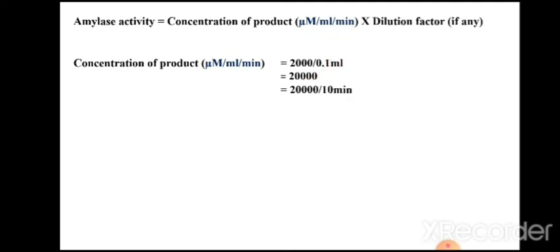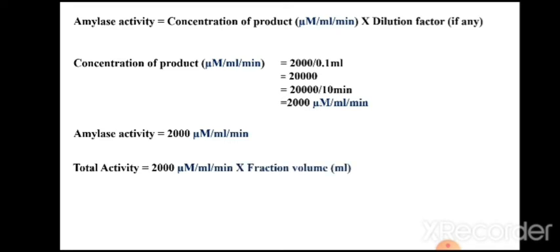So 20,000 will be divided by 10 and the answer will be 2000 micromoles per ml per minute. This is the enzyme activity. So the enzyme activity is now 2000 micromoles per ml per minute.